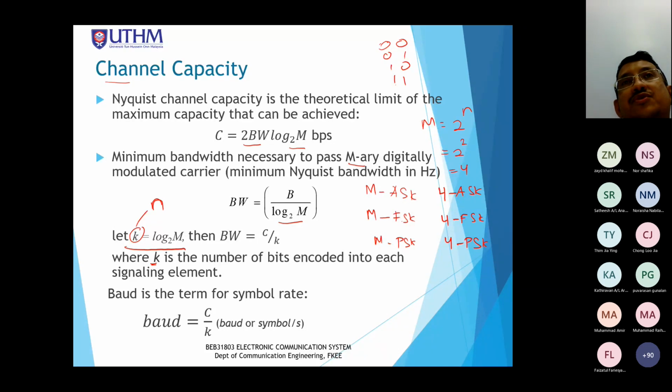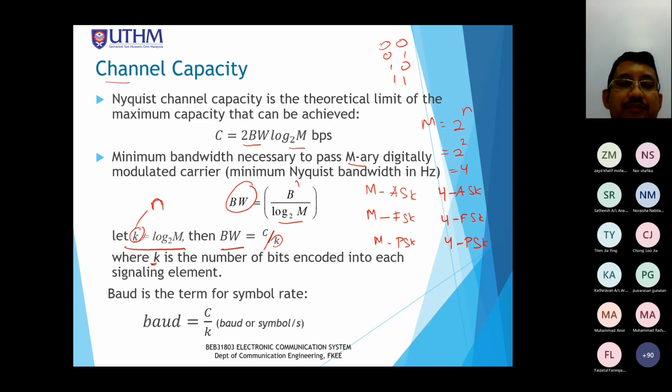Some literature books use K instead of N. K and N are the same thing, which is the number of bits. So K or N is equal to log base 2 of M, or M equals 2 power of N. Therefore, bandwidth is equal to the capacity divided by K number of bits. This is similar to the earlier one.